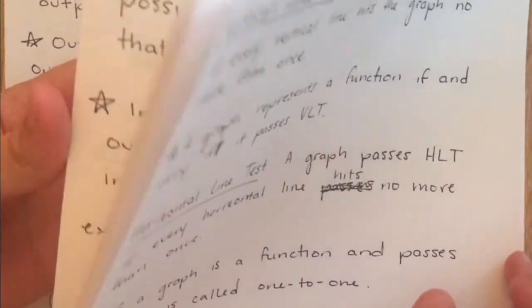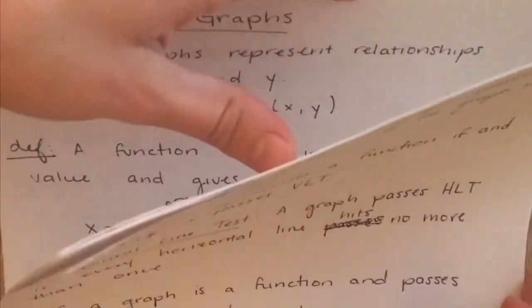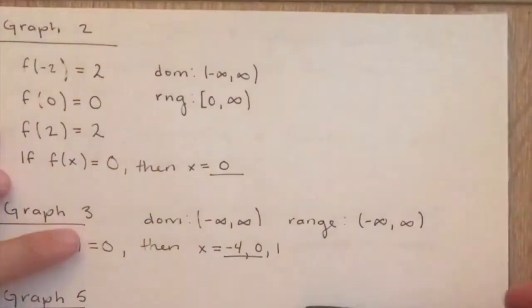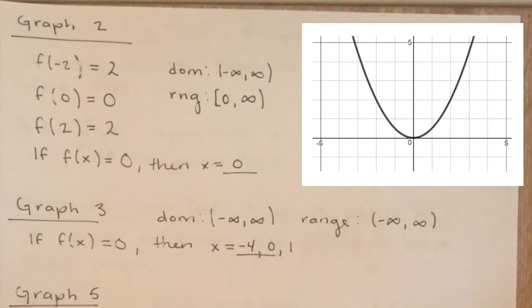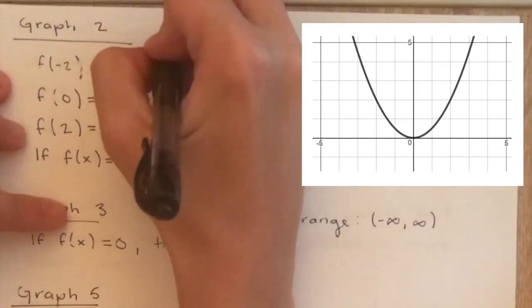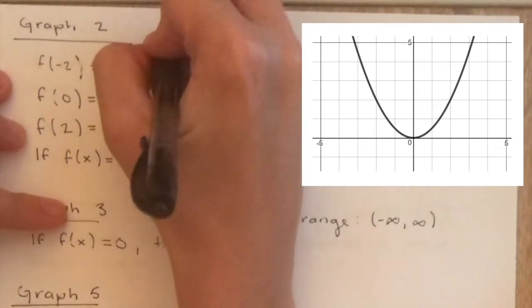Okay, so real quick, let's go back to these guys from the lab manual. Graph 2, is this a function? Let's look at it. Any vertical line we were to pass through that would only hit it once, right? So this guy is a function.